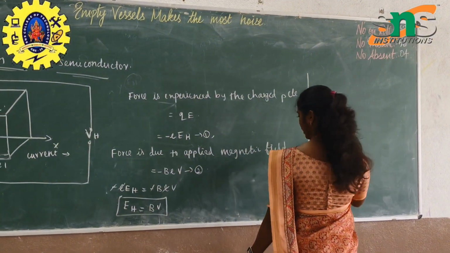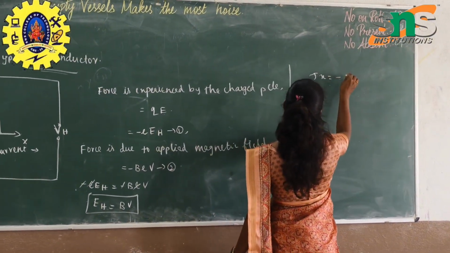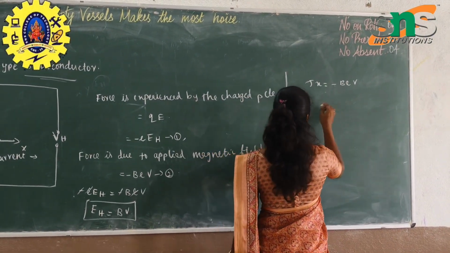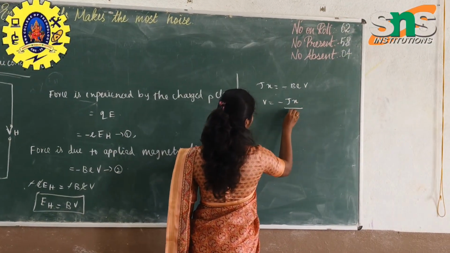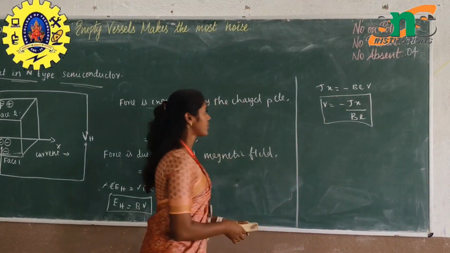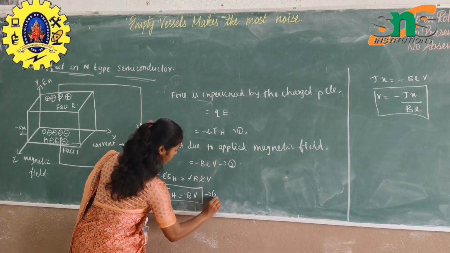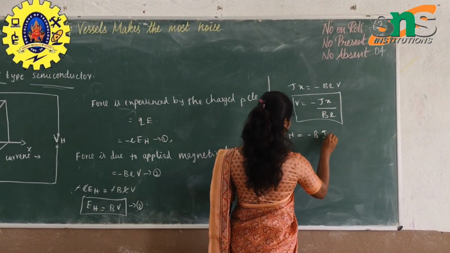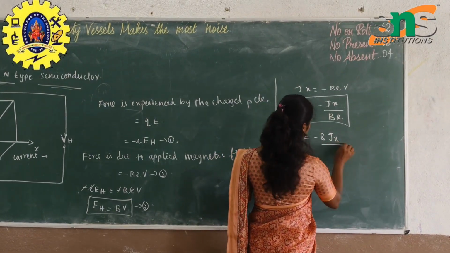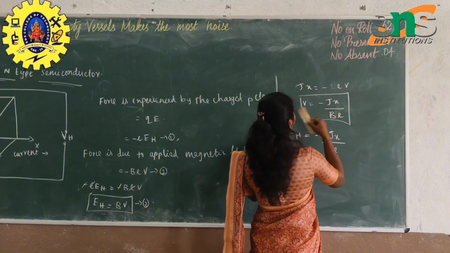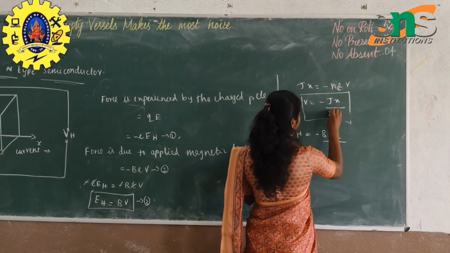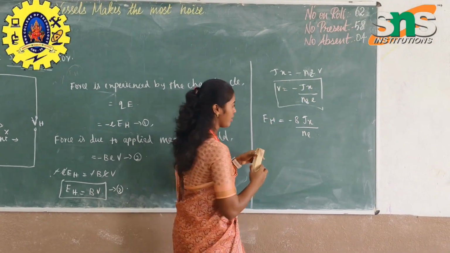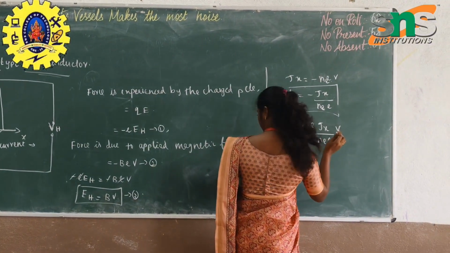Now the current density Jx can be written as minus n e v e, so v is equal to minus Jx by n e e. Substituting v in equation number 3, we get EH is equal to minus B Jx by n e e, where n e is the carrier concentration of electrons, e is the charge, and Jx is the current density.